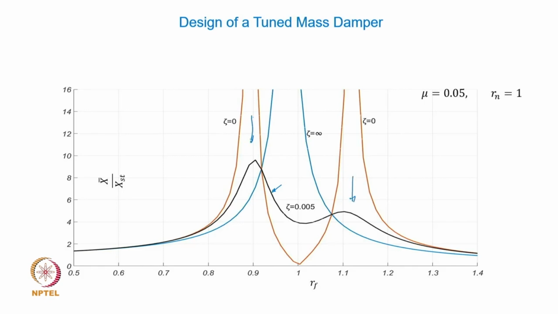So you have a more appropriate response which is not reaching infinity at any Rf value. As expected, the introduction of a damping element, a dashpot or damper, will contain the vibration response at resonances, which is what is happening here.